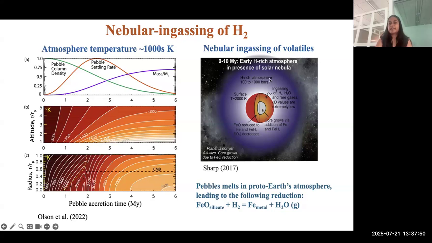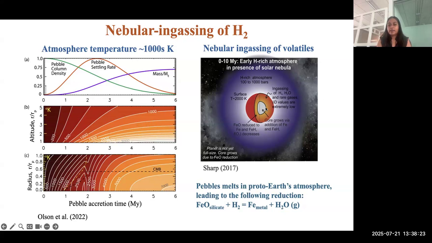In the right-hand side panel, I show a schematic from Sharp 2017, where he introduces the nebular ingassing of different volatile species. The idea is that as the planet grows rapidly in the presence of nebula, it attracts a huge hydrogen-rich atmosphere from its surroundings. Therefore, the pressure goes up to 10 to 1,000 bars, and of course the temperature goes high. That's also calculated here.